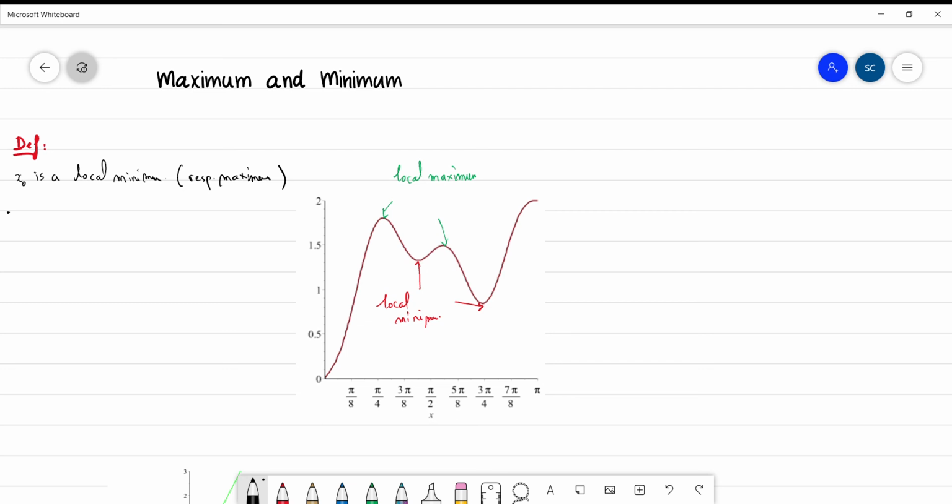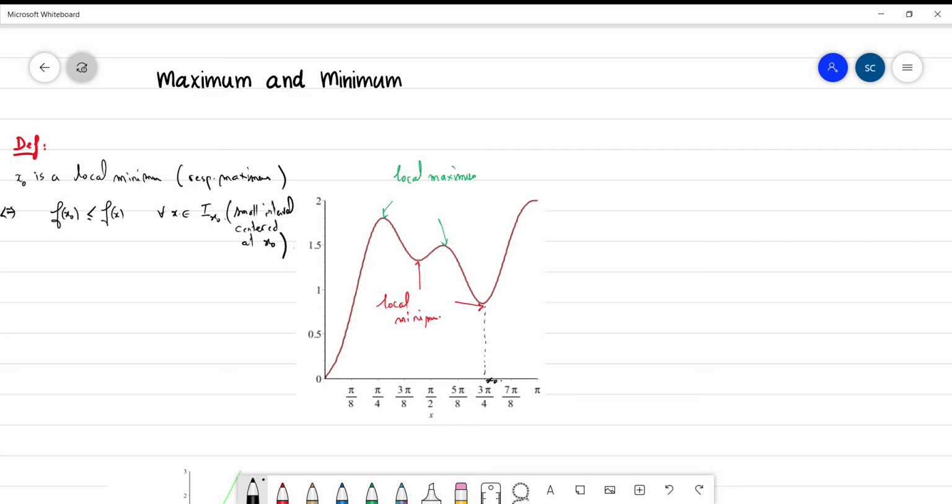if and only if you are able to check this comparison. For example, here is a local minimum, this is your x0. You will say that the value taken by f at x0 remains less than f(x) for any x in a small interval centered at x0.